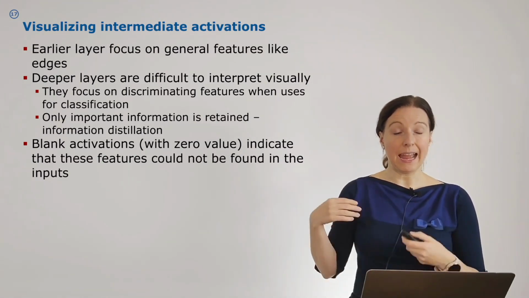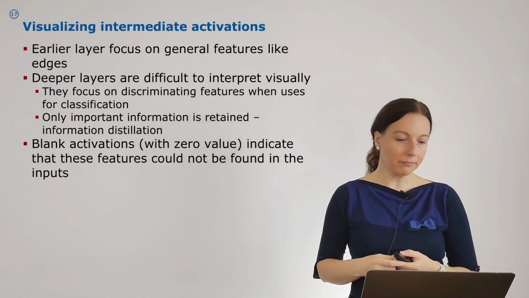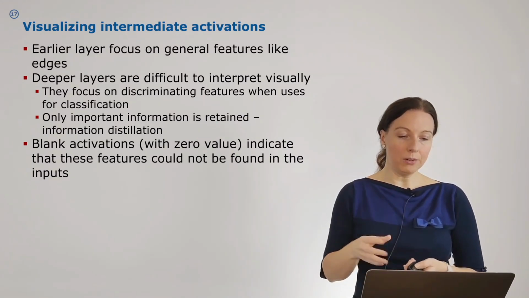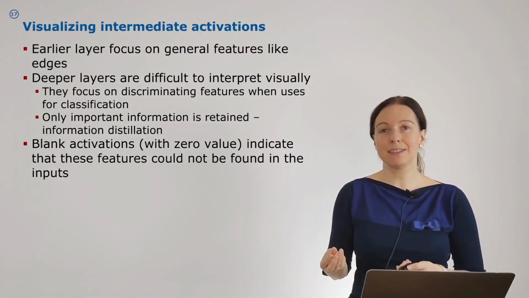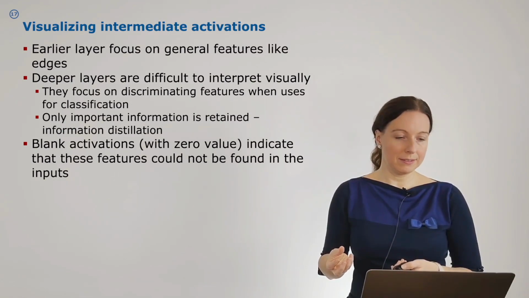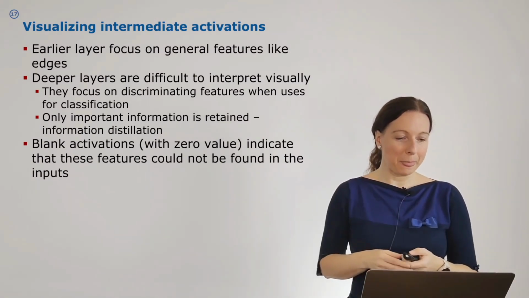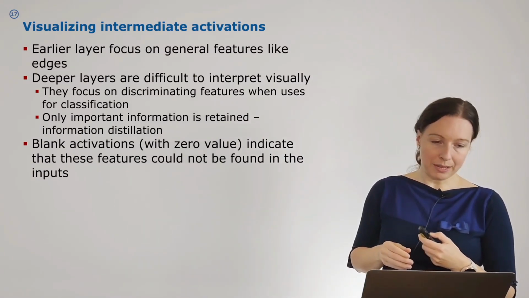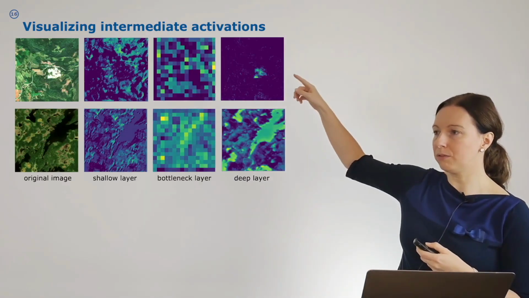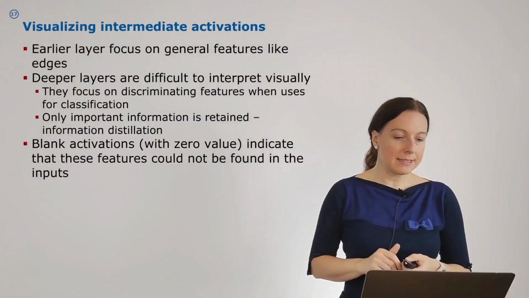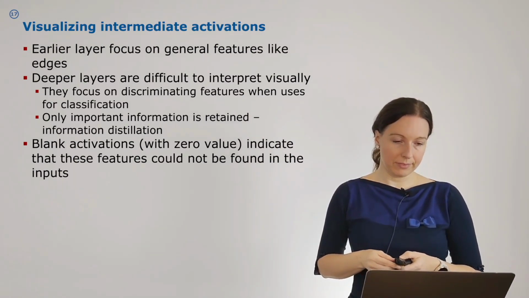That means it gets very abstract in the intermediate layers which patterns are actually important. There's also one more thing: only important information is retained, and this is so-called information distillation. The network compresses a lot, it gets compressed and abstract. And then we have something like blank activations, that means activation maps with a lot of zeros, like for example this one here. This indicates that these features could not be found in the input.